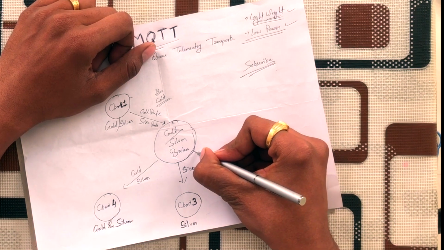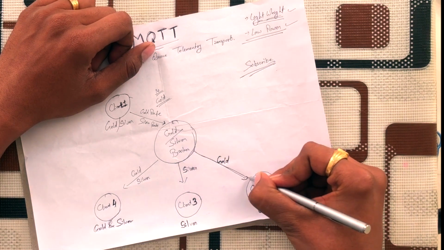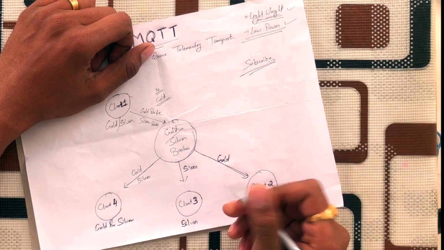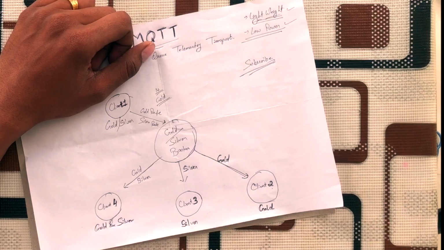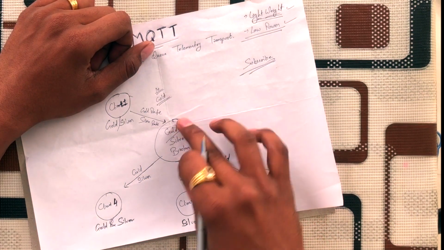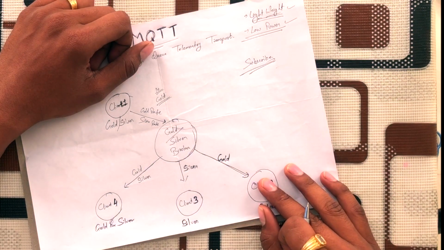So I will pass on that same information to client 2 and the same information to client 4. I won't transfer that data to client 3 because he is not at all interested in gold. I just received the data, and I will just transfer it to both the clients.